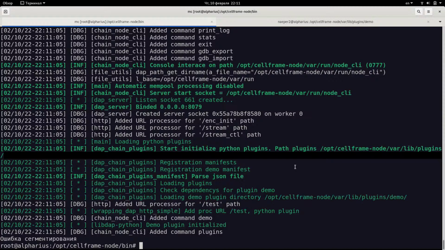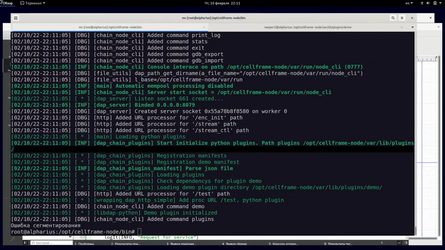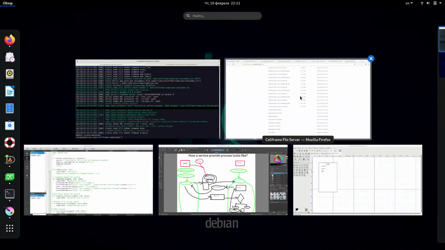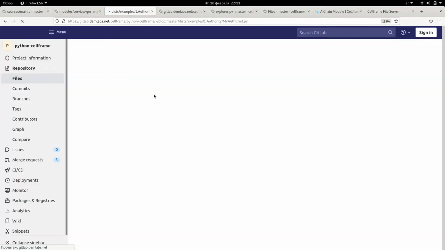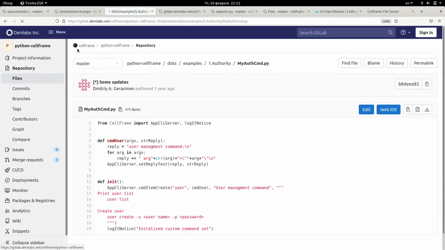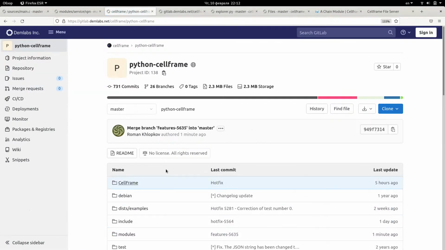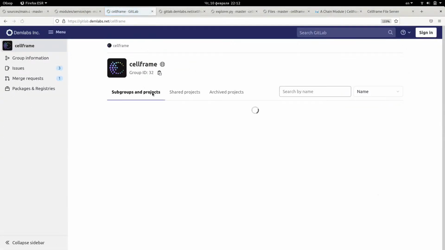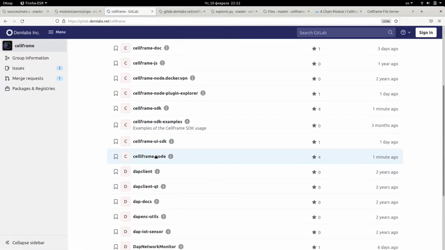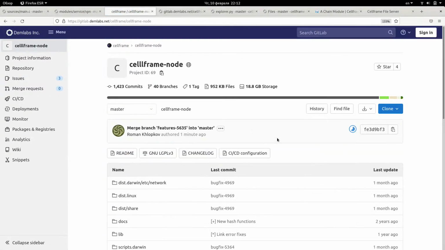Okay, we merged a new version. We need to wait a moment until it goes through. I think we could see it online in the Cellframe node, and you see, it's just merged.